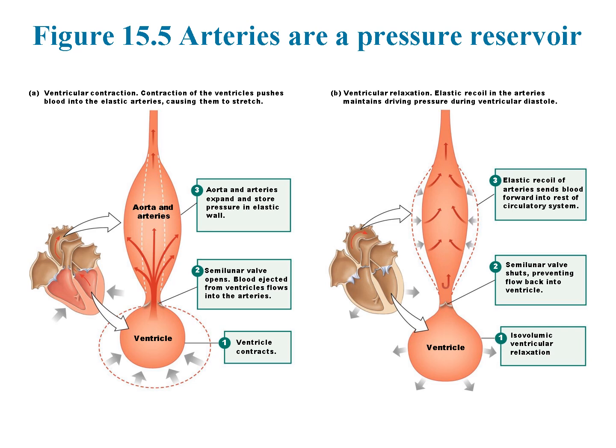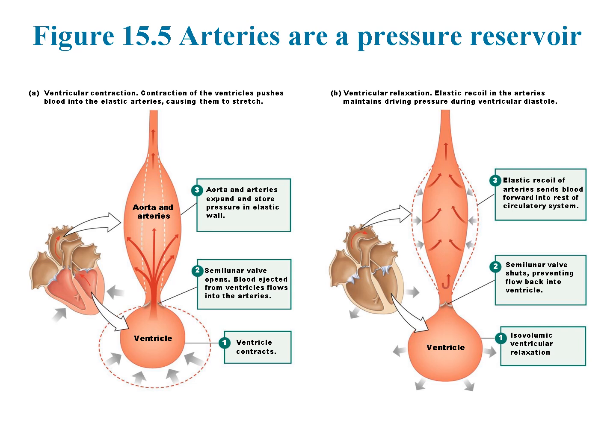As the heart enters the relaxation phase, known as ventricular diastole, the semilunar valve closes to prevent blood from flowing backward into the ventricle. At the same time, the elastic fibers in the artery walls recoil, pushing the stored blood forward into the circulatory system.